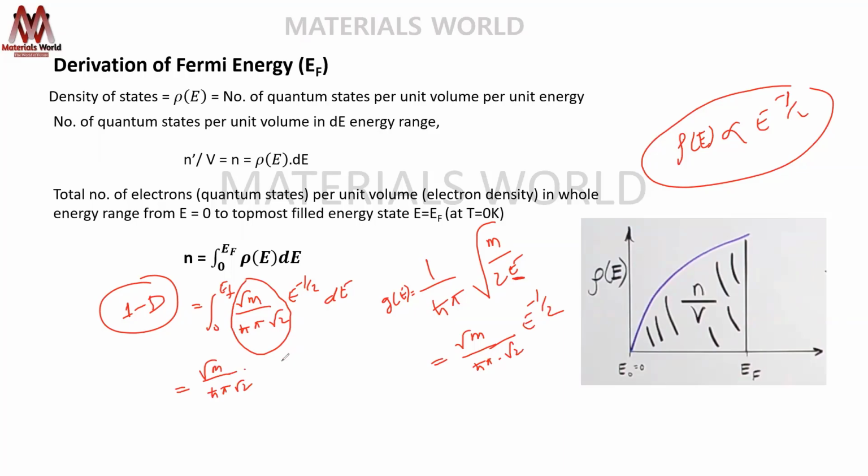If you integrate, what will you get? It is E to the power minus half plus 1, divided by minus half plus 1, right? What is the limit? 0 to EF. Now you can simply put in the limit.